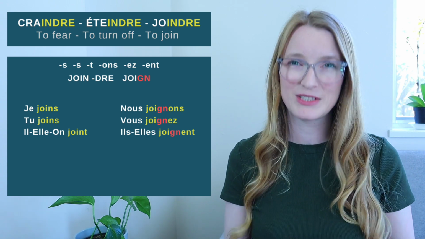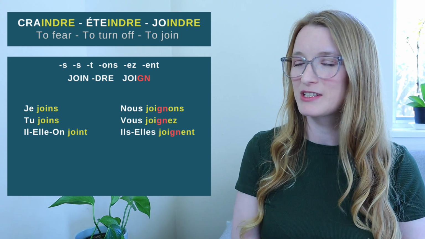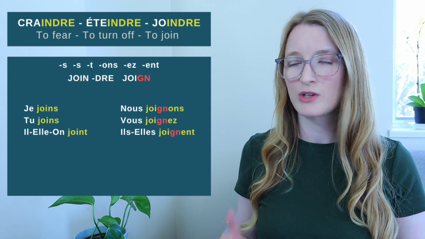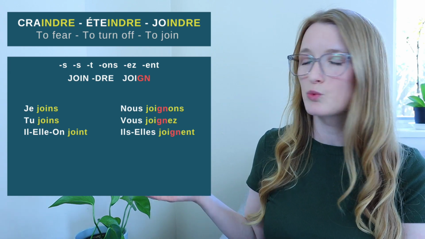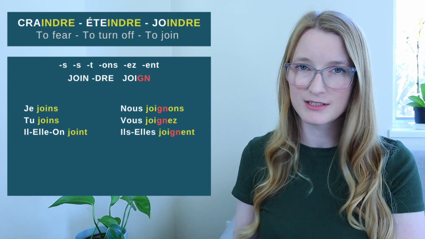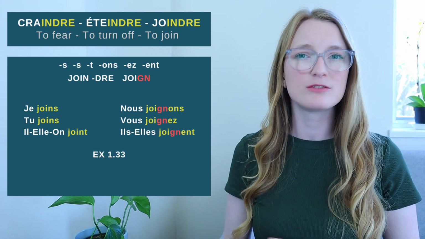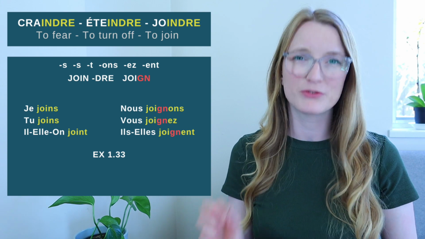Do you remember I kept pointing out? Well, this is very important to understand because in this case, it does not stay. So I see a lot of people making il joint with the d. It's not a d, it's a t. So to end the verbs with indre, you can do the exercise 1.33.